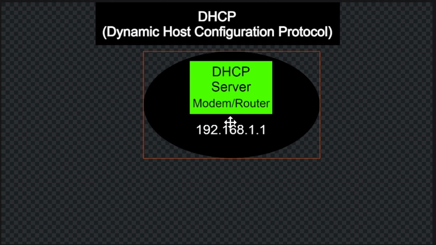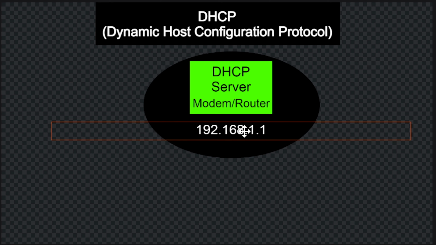The DHCP server itself has to be identified on the network as well, because it's also technically a computer or a component, right? So its address is, for example, 192.168.1.1. That's its IP address.